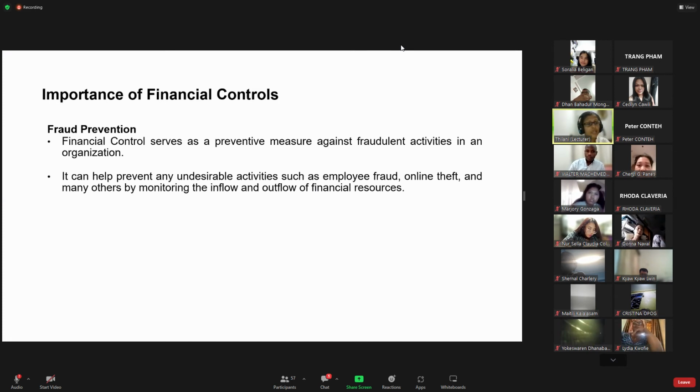It could be employee fraud, online theft, and many other fraudulent activities, but you can monitor and control it. Especially when it comes to inflow and outflow of financial resources, there could be fraudulent activities taking place. So it is the responsibility of controlling the finances as well, and it will help in preventing fraudulent activities that could happen in an organization.